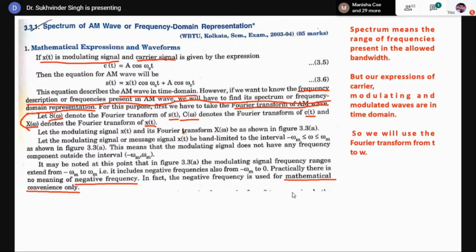So we have to change time domain equations into frequency domain equations. For this, we will use a concept of mathematics studied in lower classes, which is called the Fourier Transform.